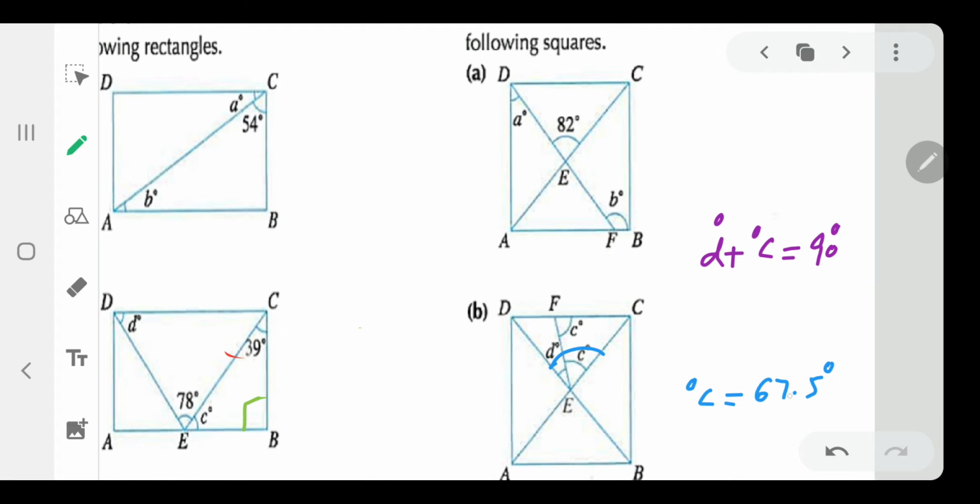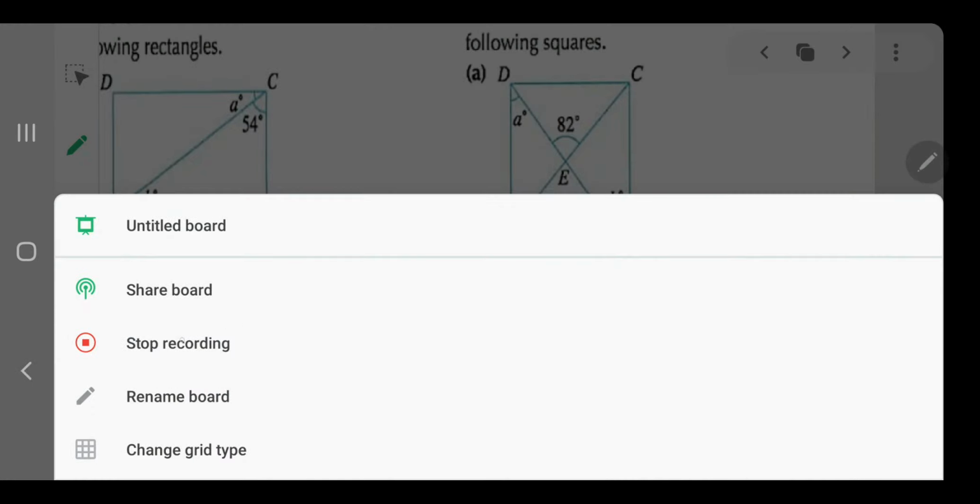We know the value of C is 67.5, so we put the value of C here: D plus 67.5 degrees is equal to 90 degrees. So we can calculate the value of D, which is 90 minus 67.5, which is 22.5, right? So we have calculated the value of D.